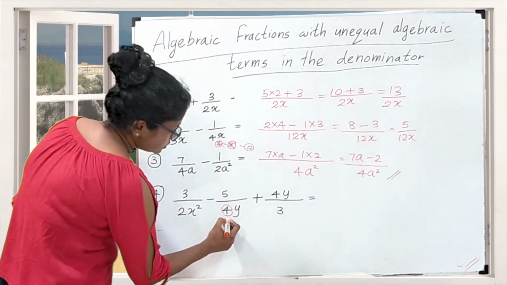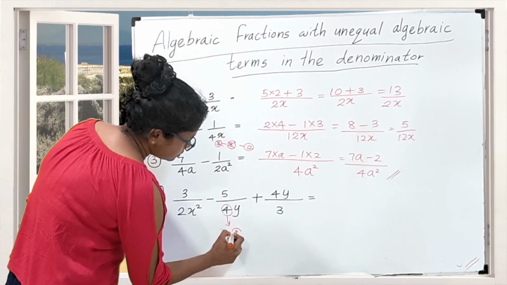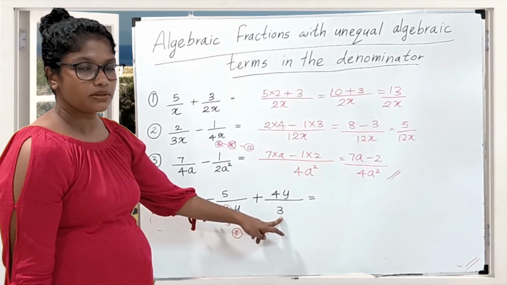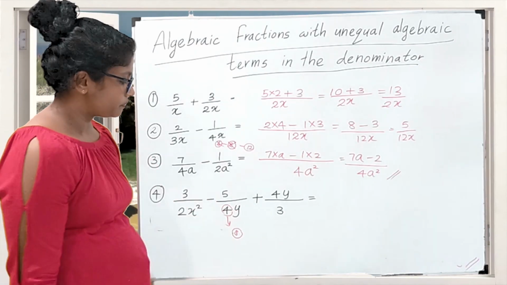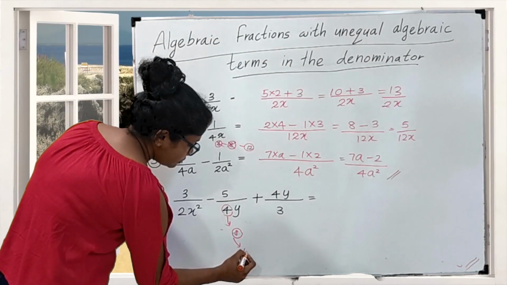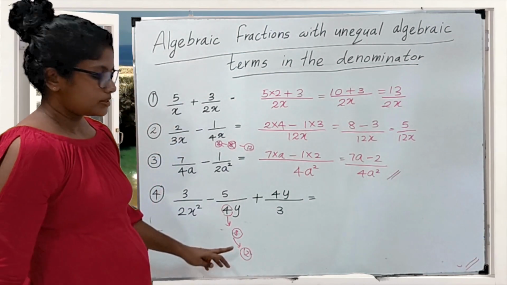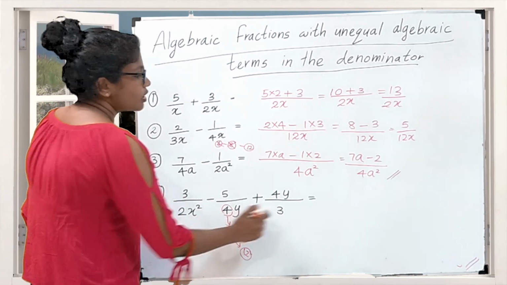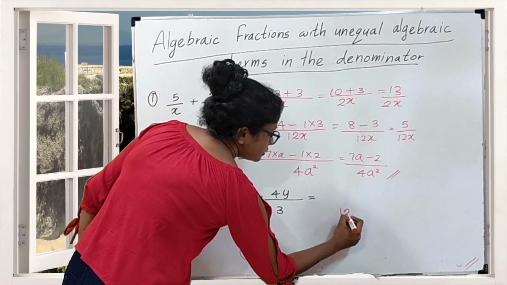Then we go to the next multiple. It is 8. 8 also is not divisible by 3. The next multiple 12. Yes, it's divisible by 3, 2 and 4. Then you can get 12.